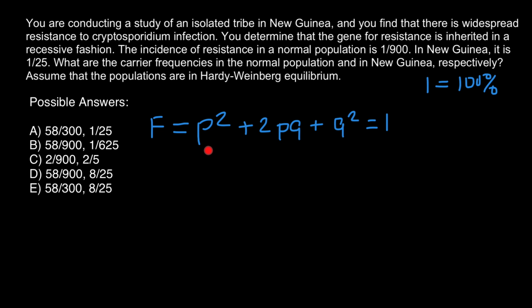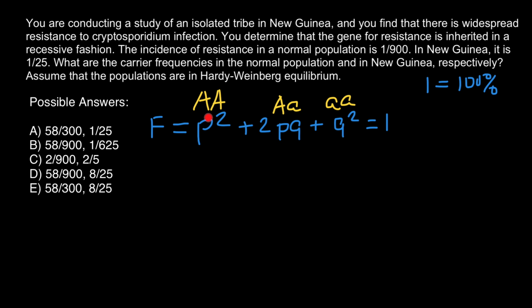In statistics, we use such symbols as p and q, but you probably are used to symbols like dominant A and recessive a. So for example, p squared would stand for the genotype which is homozygous dominant, 2pq would stand for the genotype which is heterozygous, and q squared stands for the genotype which is homozygous recessive.